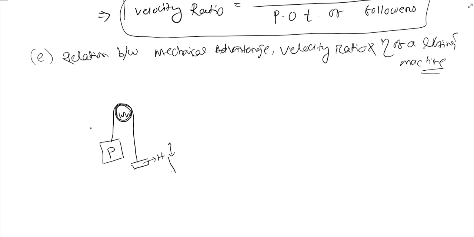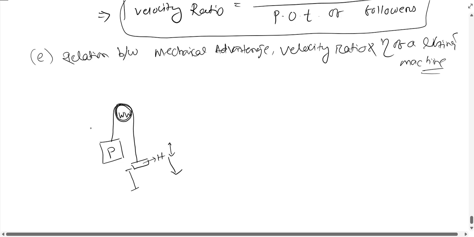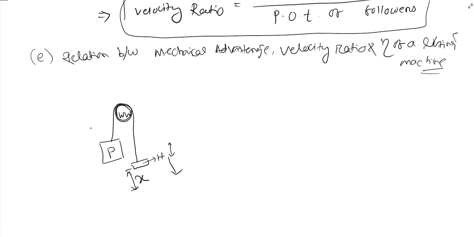When the handle moves downward, let the distance traveled by the handle be x, and at the same time the load travels a distance of, suppose, y, and let x is not equal to y. The rope will get stored over here.